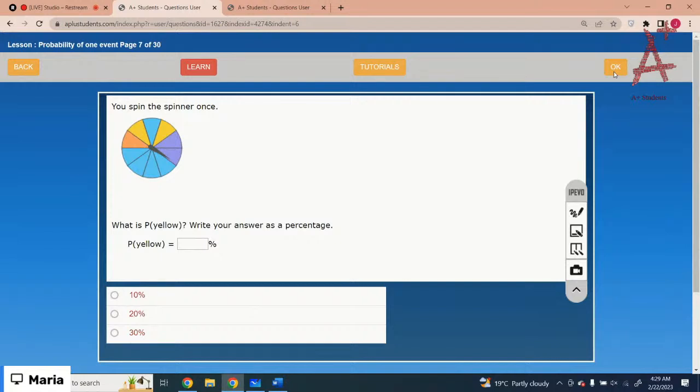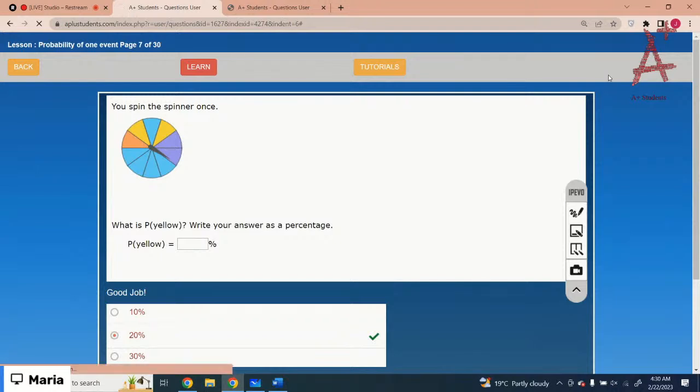Got it? It is 2 over 10, and 2 over 10 means 20%. The correct option is 20%. Got it?